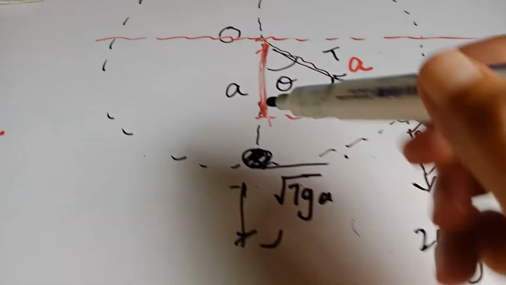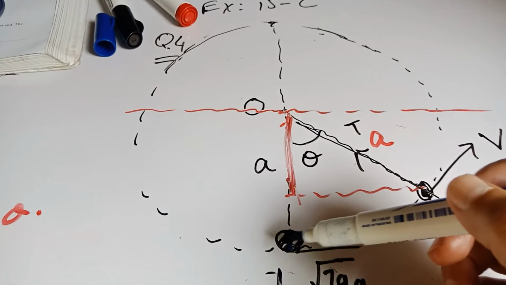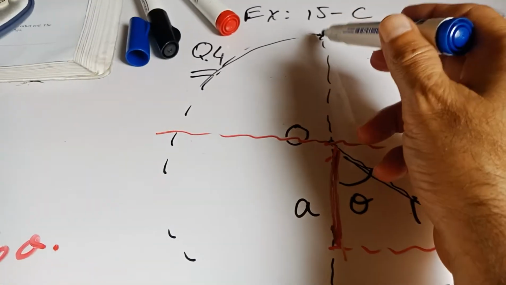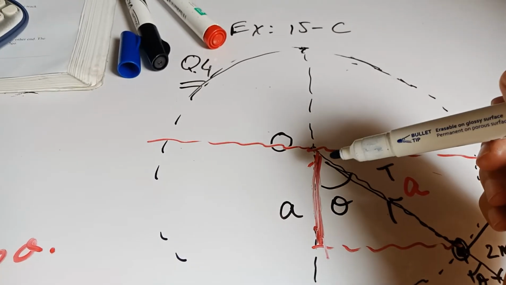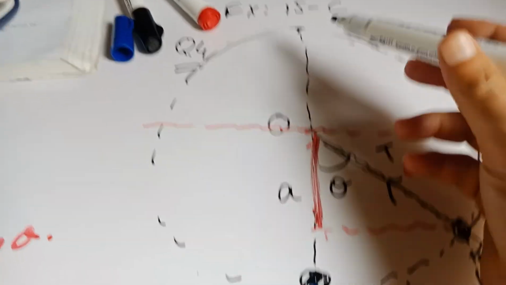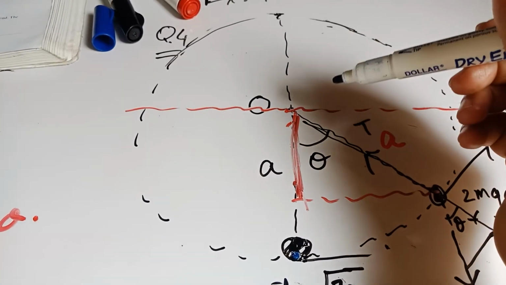At this level, I have already convinced you that these are the extreme cases where we can find the maximum and the minimum tension, because of the maximum and the minimum velocities over this vertical circular motion.